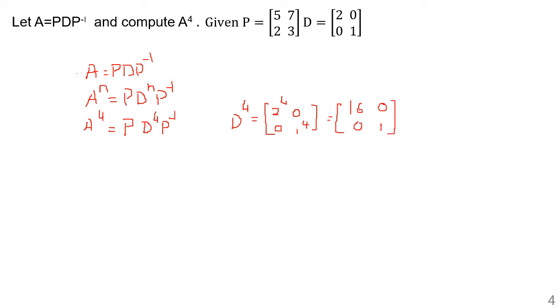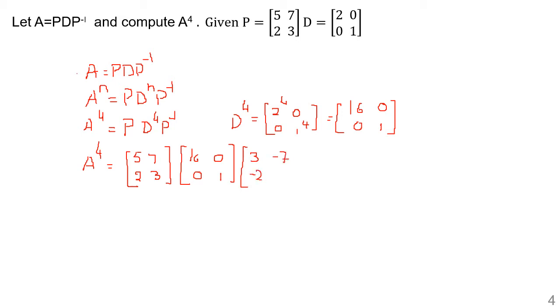So A to the power 4 is equal to C, which is 5, 7, 2, 3, times B to the power 4, which is 16, 0, 0, 1, times C inverse, and the inverse of C is 3, minus 7, minus 2, 5.